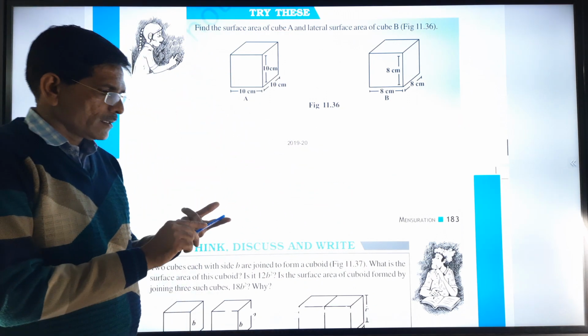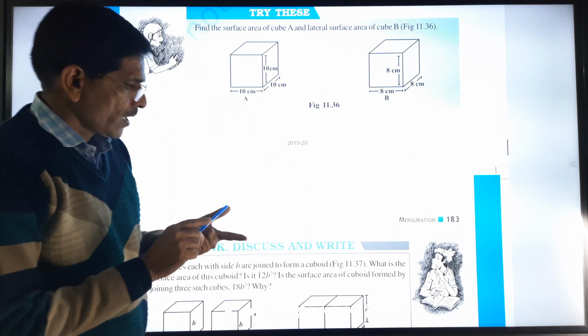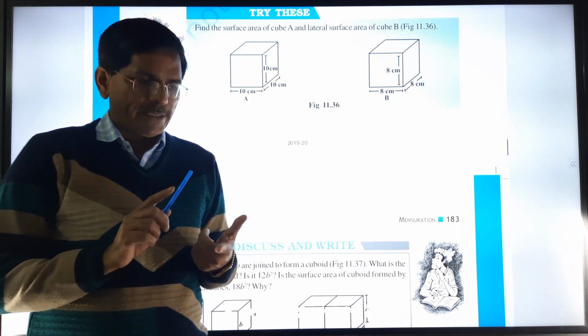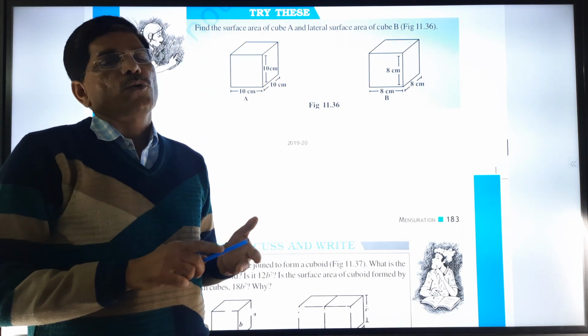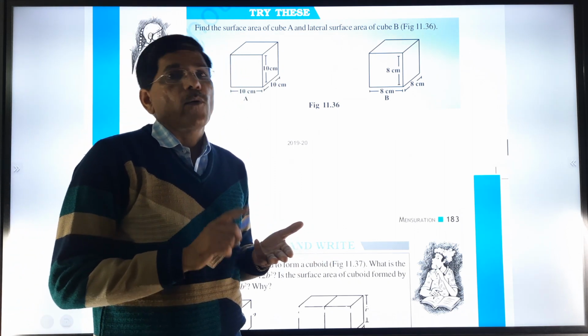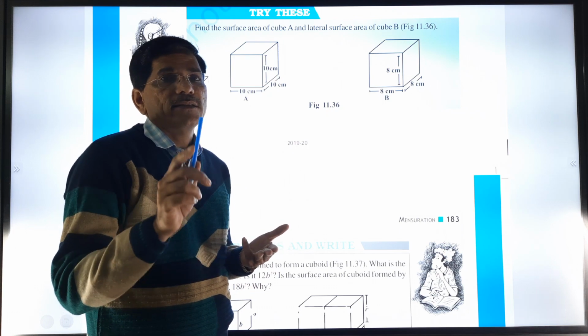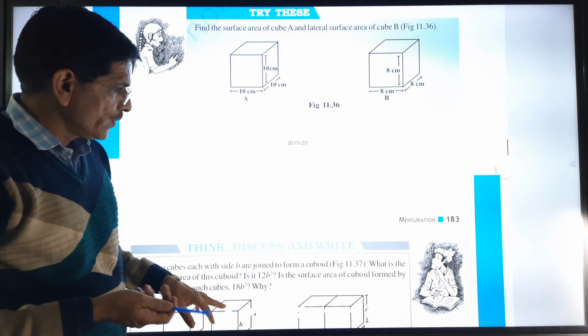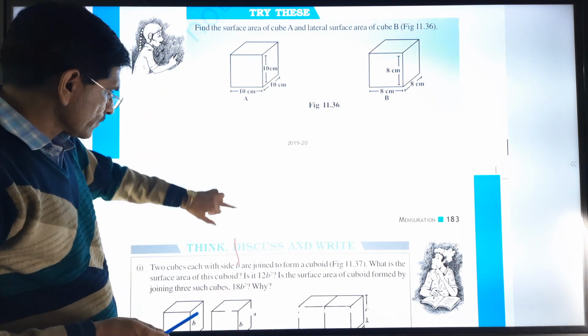Because we have already discussed the total surface area and lateral surface area of cuboid, and the total surface area and lateral surface area of cube. Now what remains? That is cylinder. So now we go for cylinder.